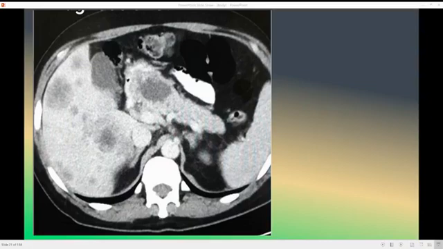What do you think the patient has? Okay, we receive some answers and they are right.